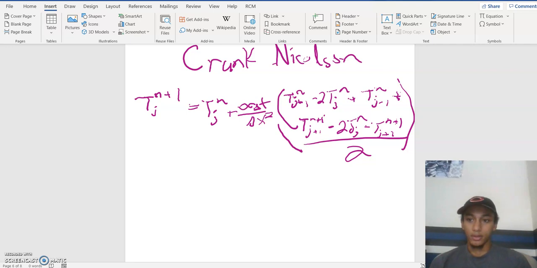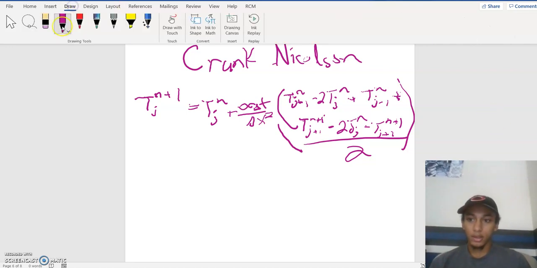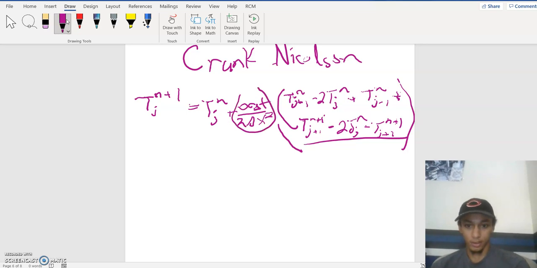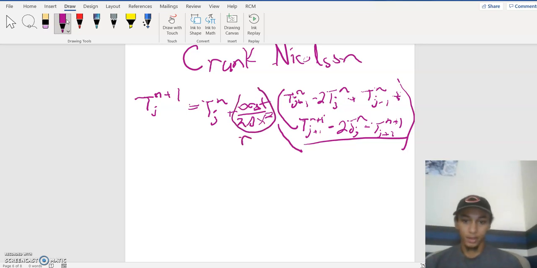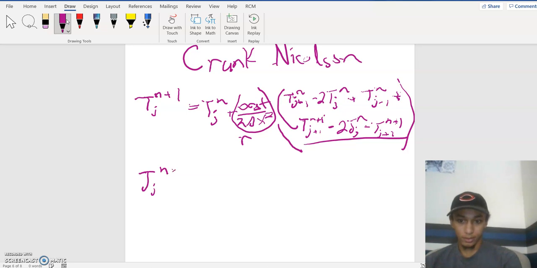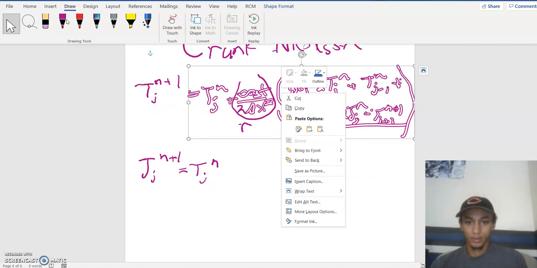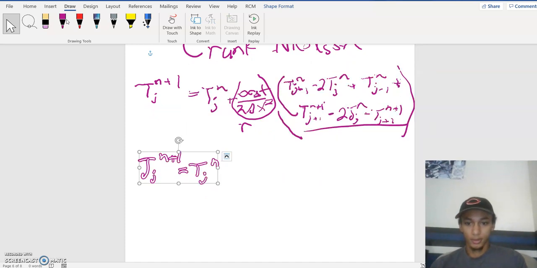And what we can do is, let me get my draw. You can get rid of this 2 here, and we can put it here, and we can call this function here R. So as we move this down, you can get 2 Tj n plus 1 equal to Tj, and let's go and copy this.